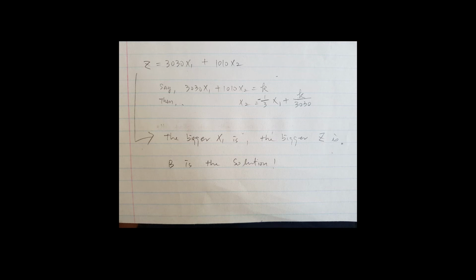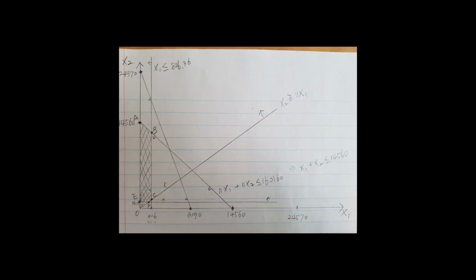Say x1 is iPhone, x2 is say iPod. iPhone is more expensive than iPod. As a result, say you are making $30 for x1 or iPhone, and obviously you want to produce more x1, given that x1 is going to produce more profit for your business.